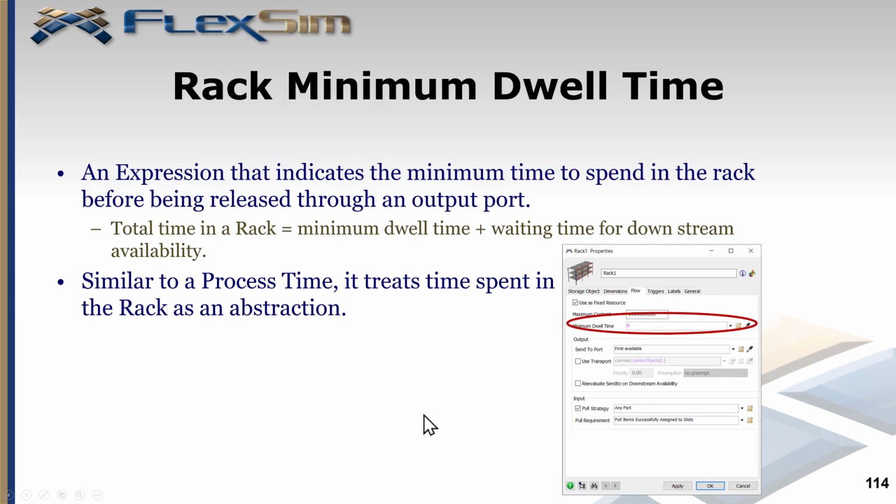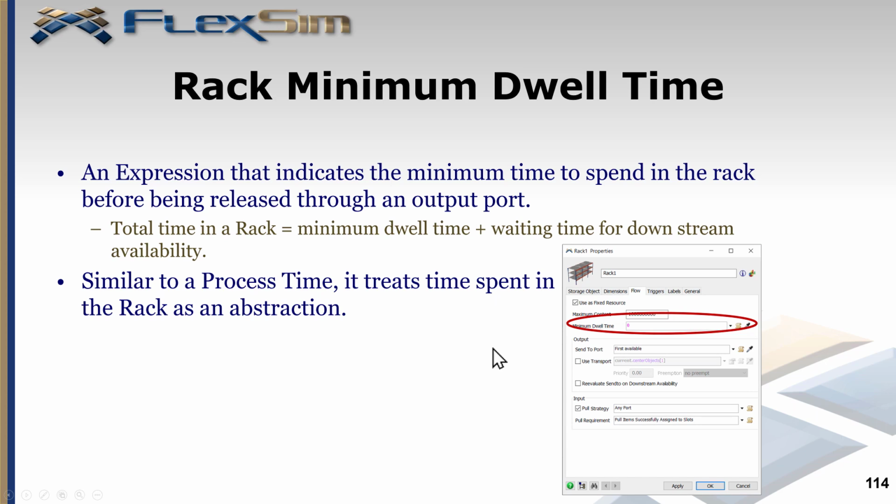Okay, rack minimum dwell time. It's one of the parameters on the flow tab of the rack object. Although this minimum dwell time field is probably not used so much in a real warehousing project, we will be using it in the next training model so that items stay in the rack for a little bit of time before exiting to the next downstream object.